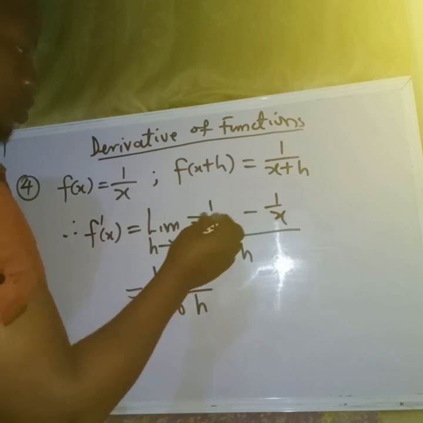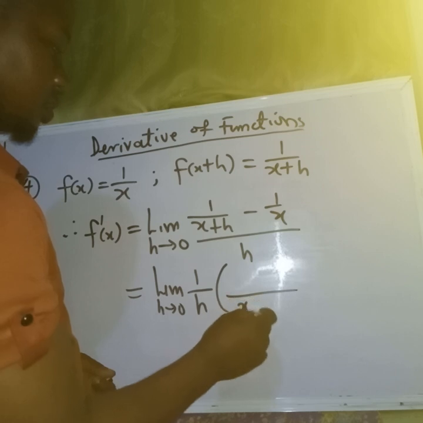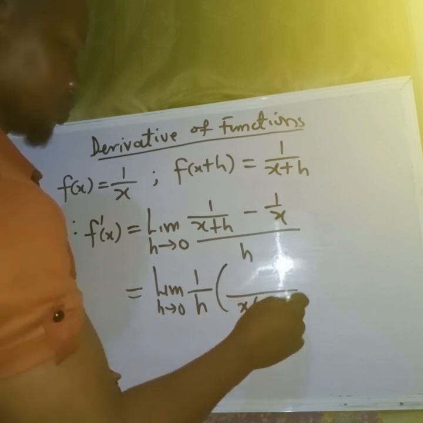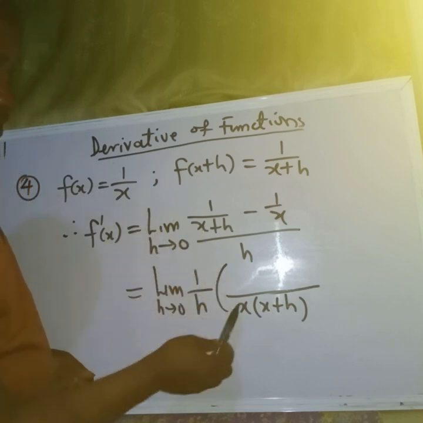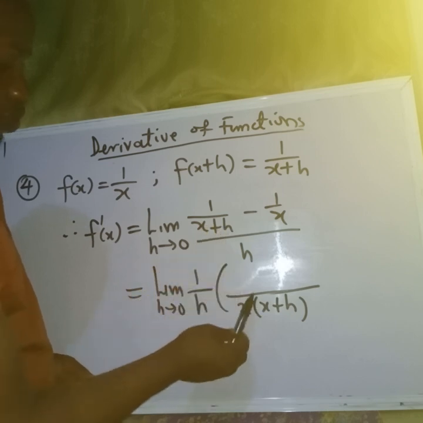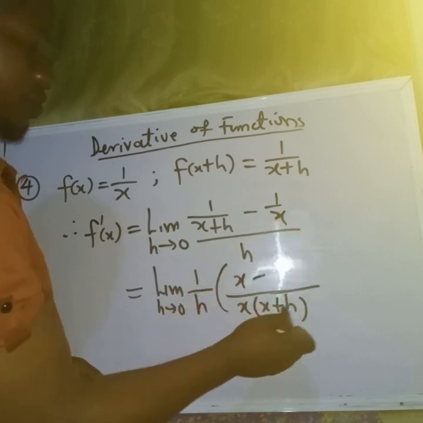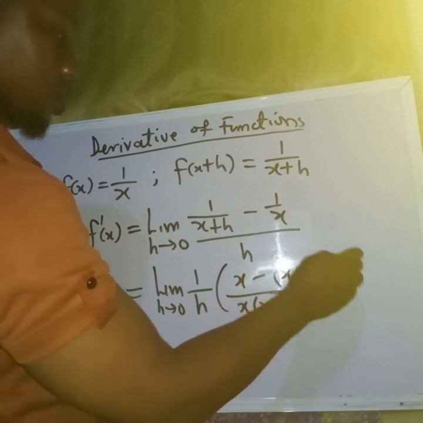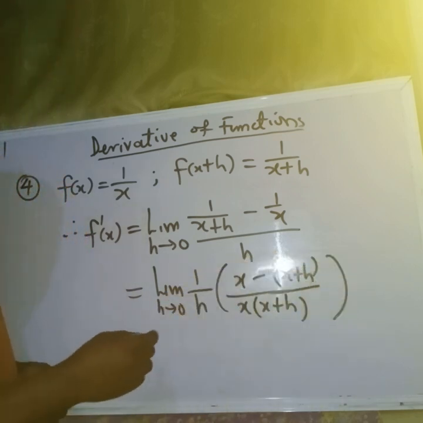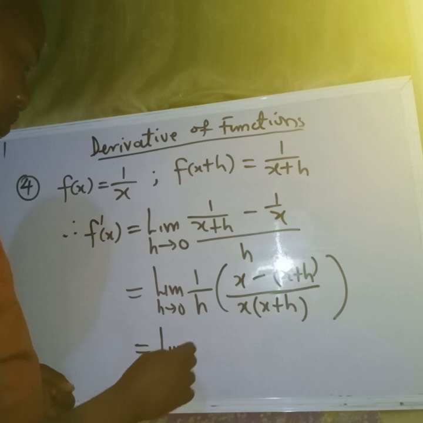For the numerator here, we look for the LCM, and the LCM of the denominators is this. Dividing into x plus h gives x, so x times 1 is x, minus x plus h times 1 is x plus h. When we open the bracket, this will be the limit as h tends to 0 of 1 over h.